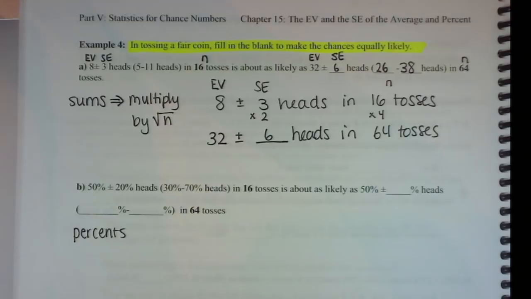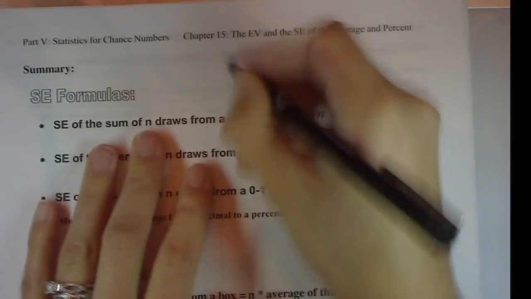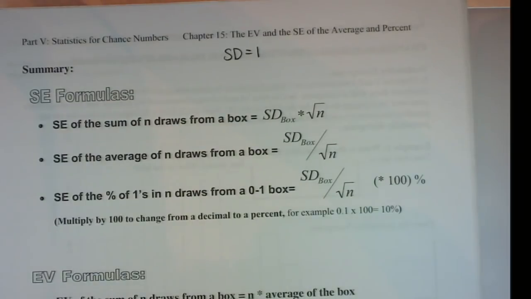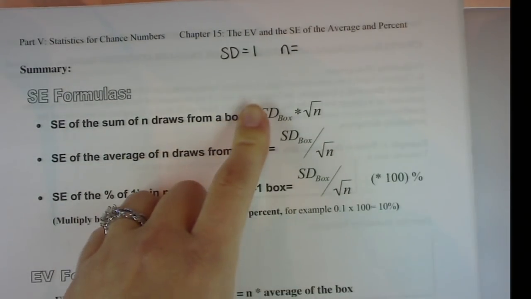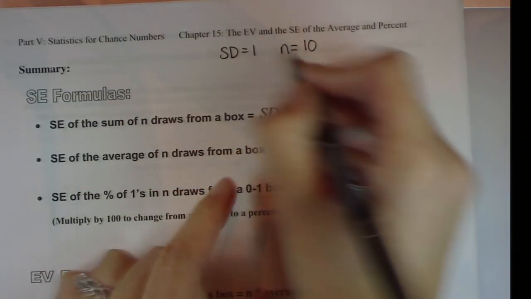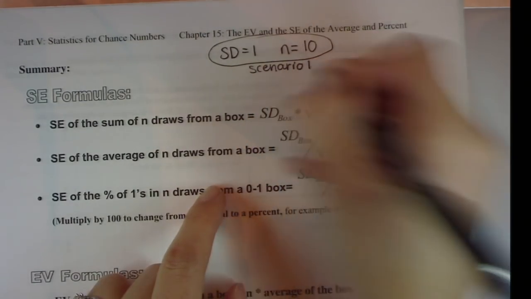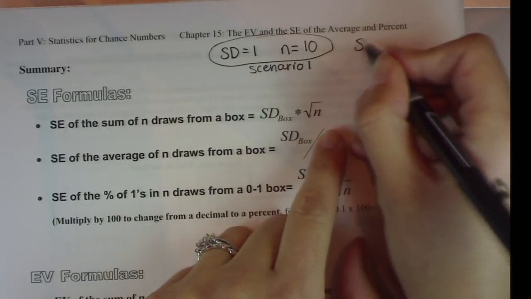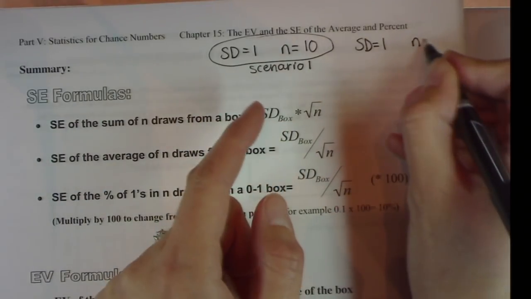I mean, you could test it out with just plugging in numbers too. Let's do this. Let's say our standard deviation is 1. And n is, let's say, 10. And we increase by a factor of 4. So I have scenario 1, and then my second scenario, the SD is going to stay the same, and n increases by a factor of 4.